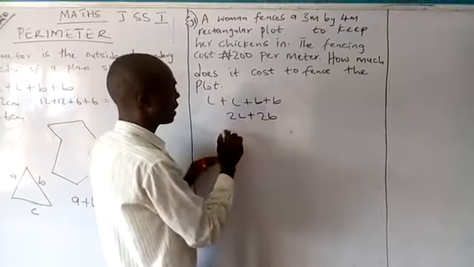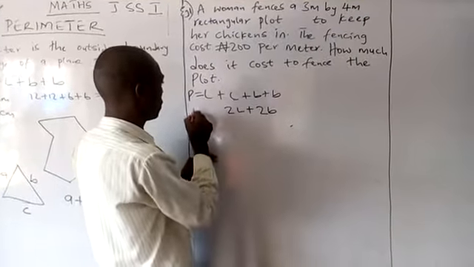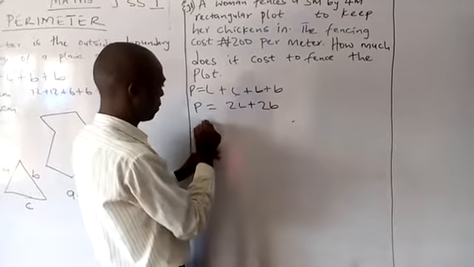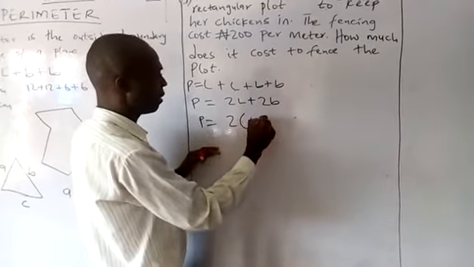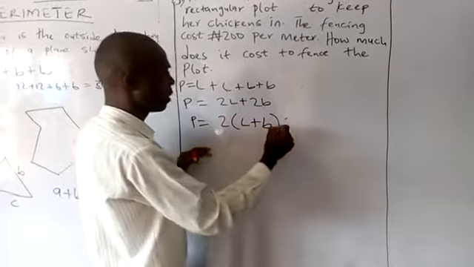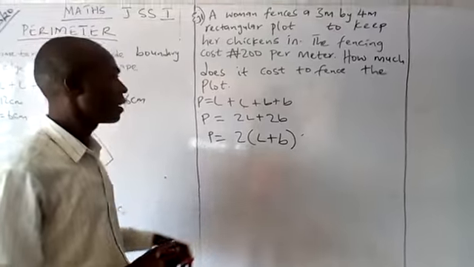If you collect the like terms, P equals 2 brackets L plus B. It becomes the formula to find the perimeter of a rectangle.